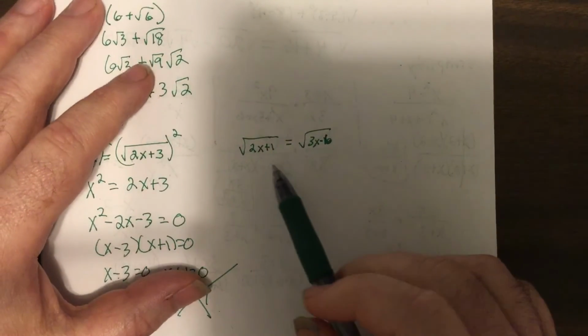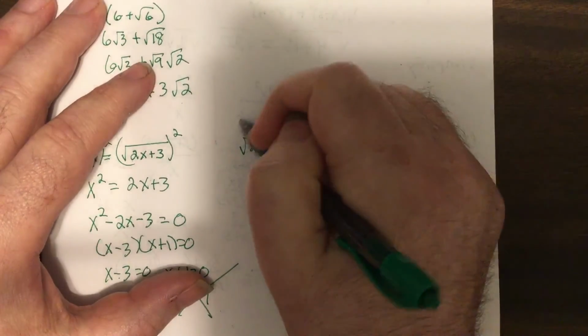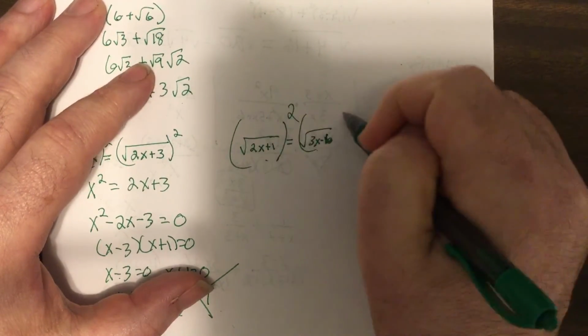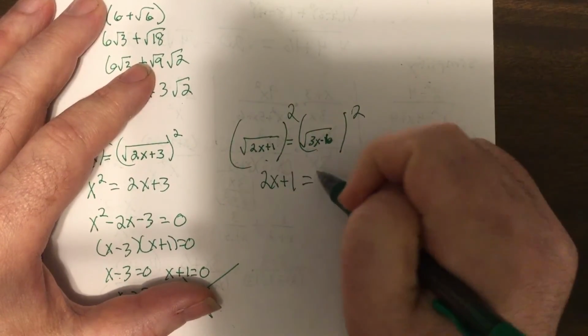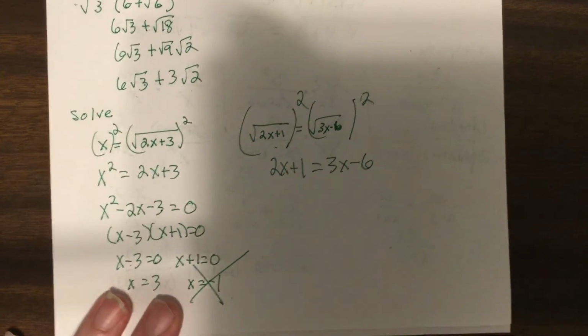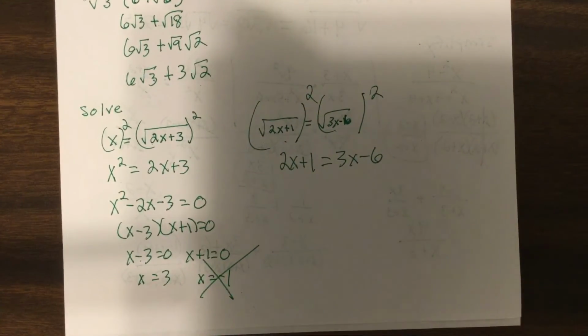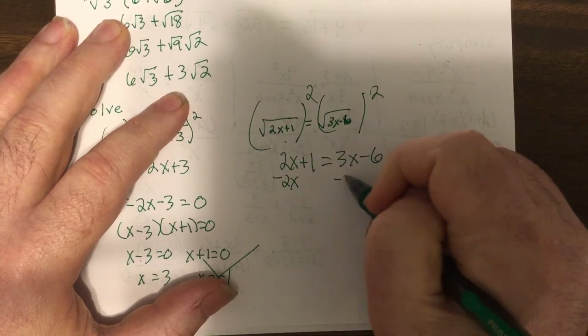Now this one looks difficult, but actually, whenever you have a square root on both sides, you just square both sides. Oh my goodness, that was so easy. So we'd have 2x plus 1 equals 3x minus 6. Whenever the highest power is 1, you get the variables on one side, numbers on the other. So I would subtract 2x.